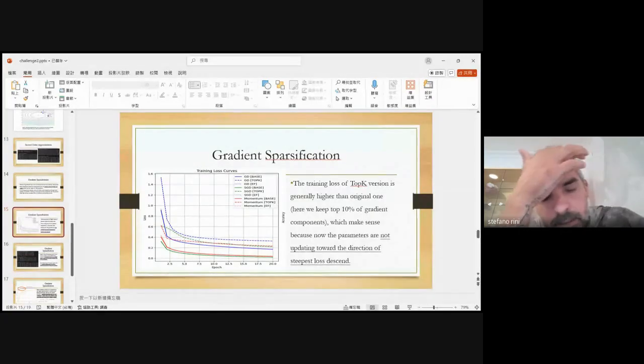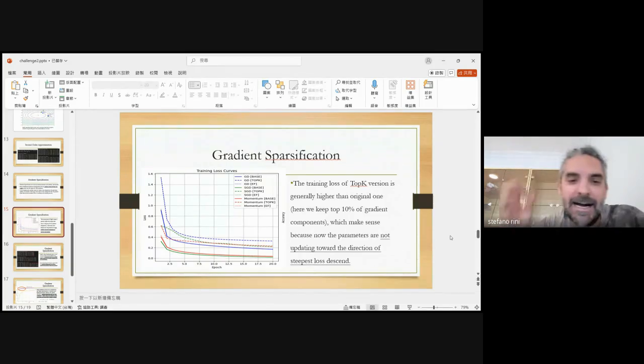So here you have 90% sparsification. Let me just absorb it for a second. So GD, you do top K, you lose a constant, like 0.2, right?